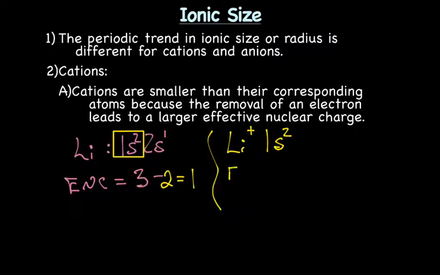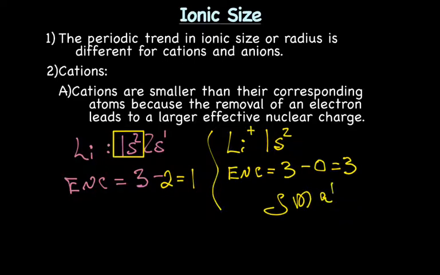Lithium ion effective nuclear charge equals, it still has 3 protons, right? And it now has no inner electrons. So the effective nuclear charge is now 3. Being that the nucleus is now effectively stronger at the outermost electrons, it's going to pull the electrons closer together, leading to a much smaller particle. Okay, I hope that makes sense.